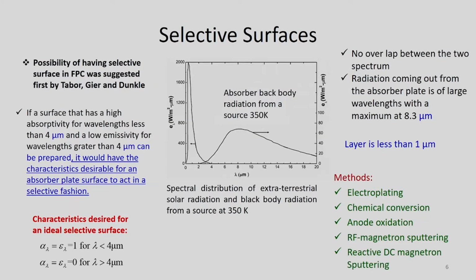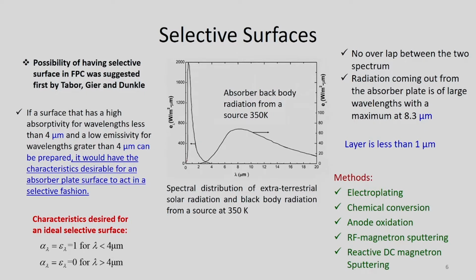The possibility of having a selective surface in a flat plate collector was first introduced by Tabor, followed by Gier and Dunkle. So, what did he do? He used the spectral distribution of extraterrestrial radiation and black body radiation from a source, which is nothing but the absorber plate.